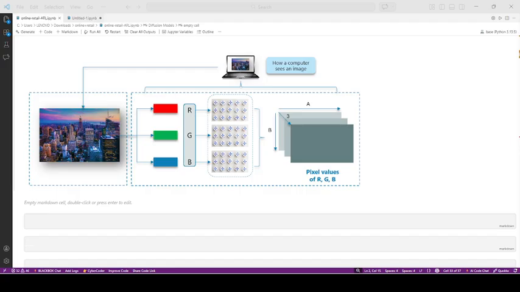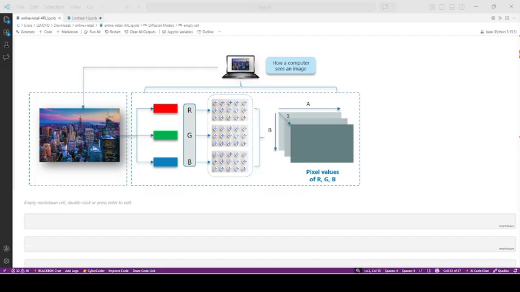For a grayscale or black and white image, you can see one channel of values. For colored images, the image is broken down into 3 color channels, red, green and blue, and each of these color channels is mapped to the image's pixels. Then the computer recognizes the value associated with each pixel and determines the size of the image.